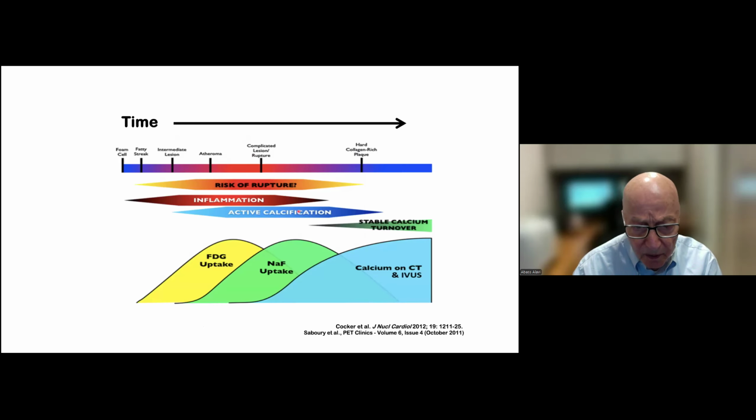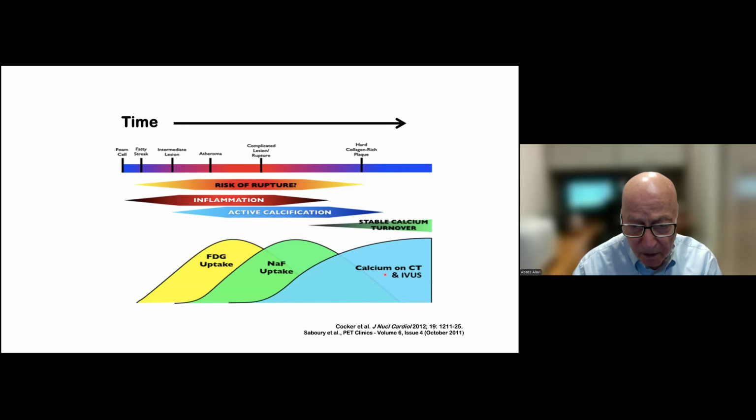FDG, as I mentioned, is a very powerful technique to look at inflammation in the plaques. Sodium fluoride shows molecular calcification actively at the time of imaging, and eventually you will see calcium deposits that are visible on CT scan, which is the irreversible phase of the disease.